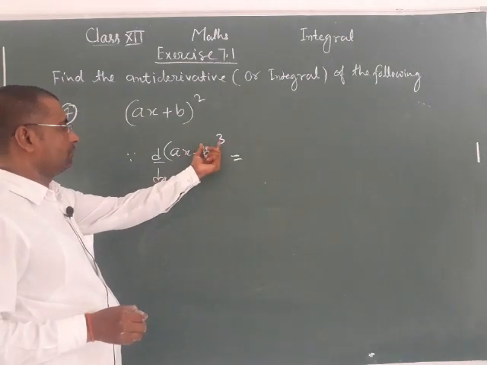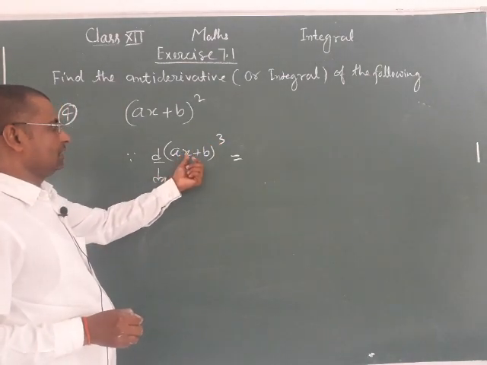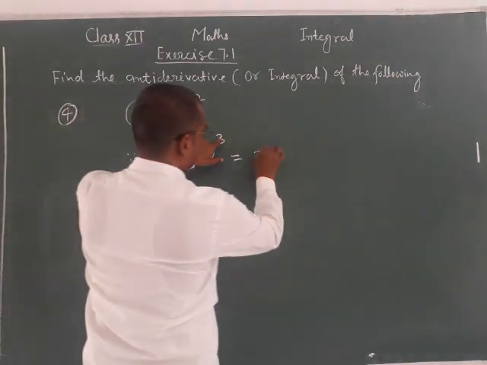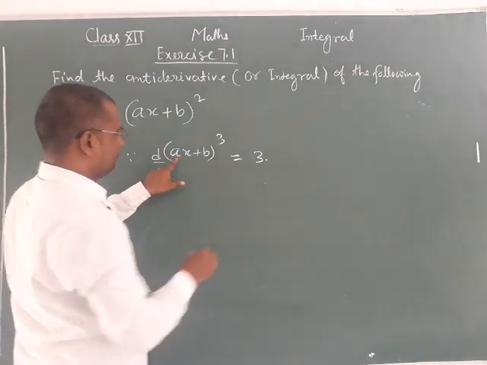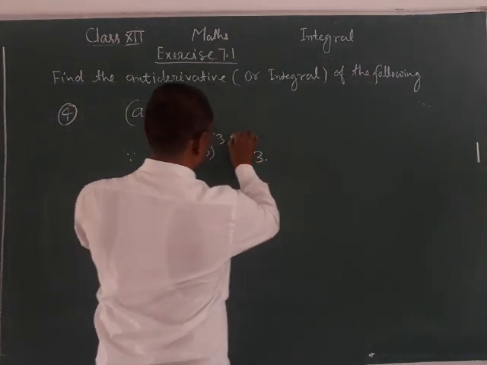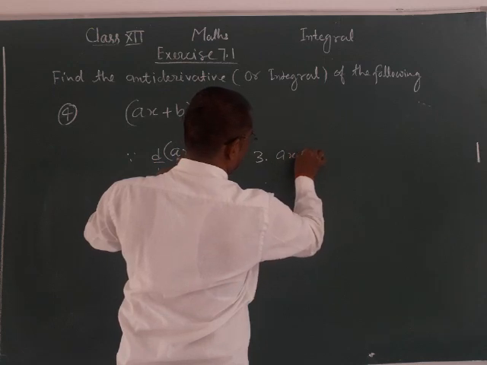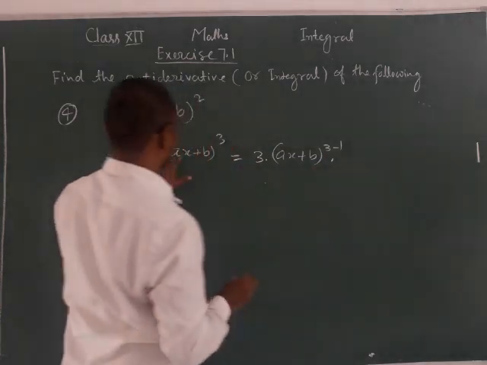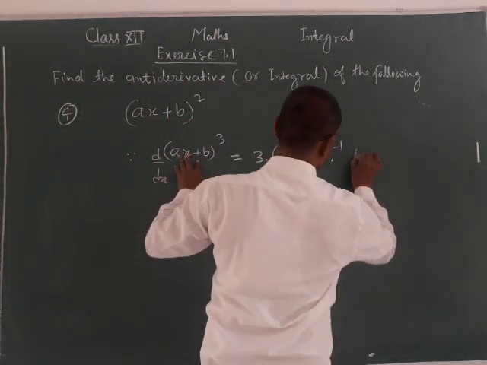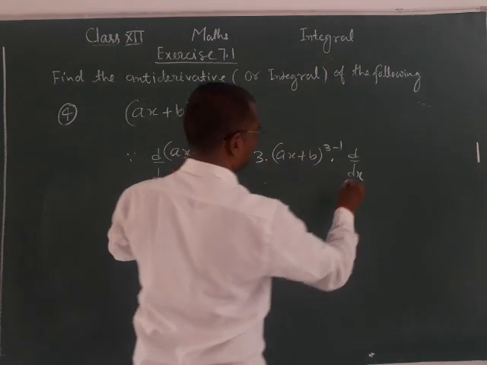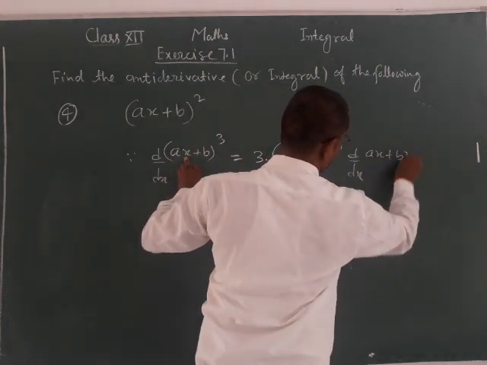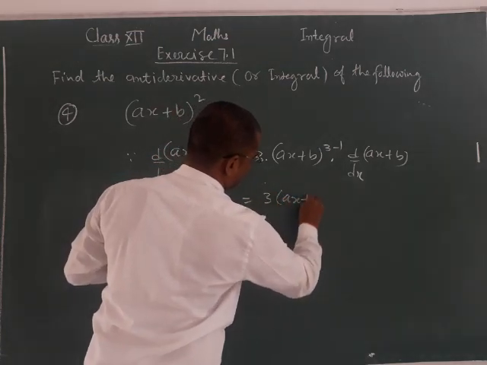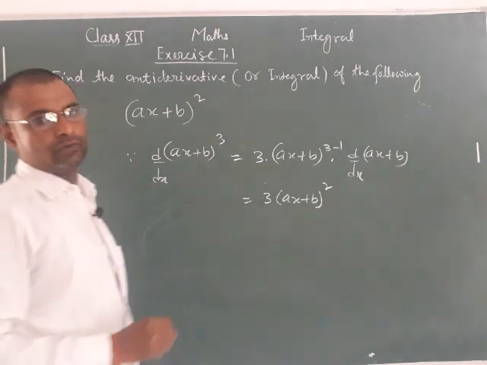The derivative of the power: 3 into (ax plus b) to the power 3 minus 1 into the derivative of ax plus b. So now 3 (ax plus b) to the power 2.